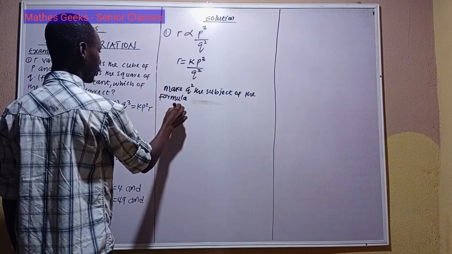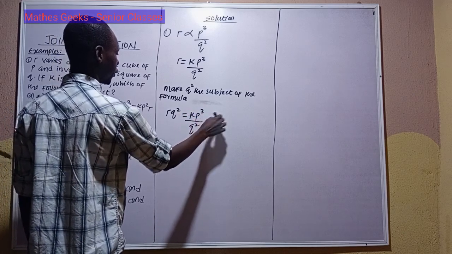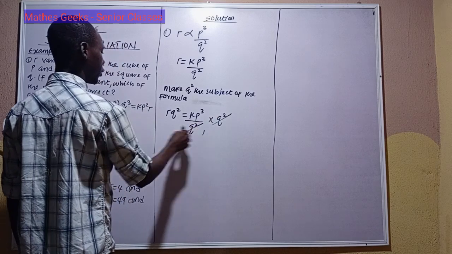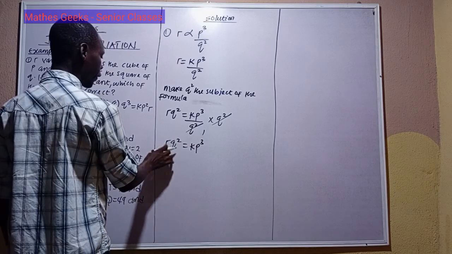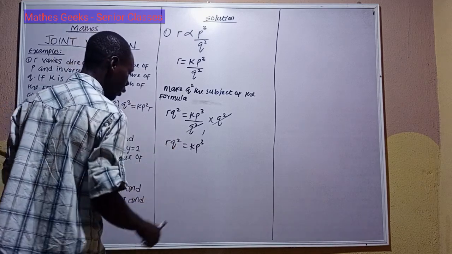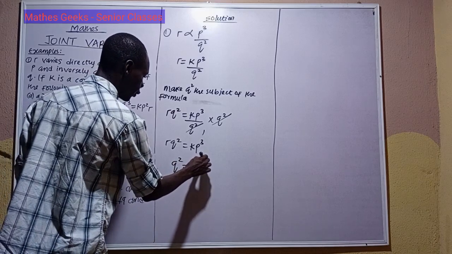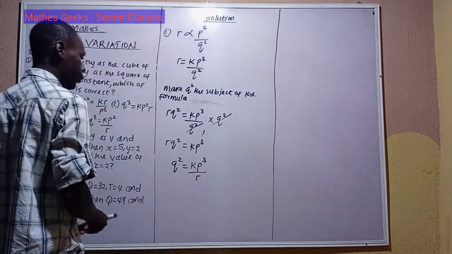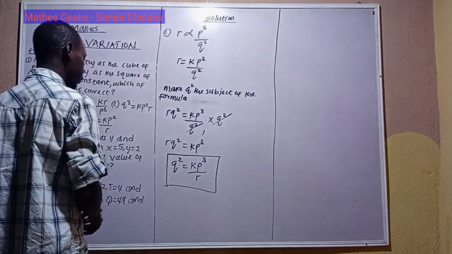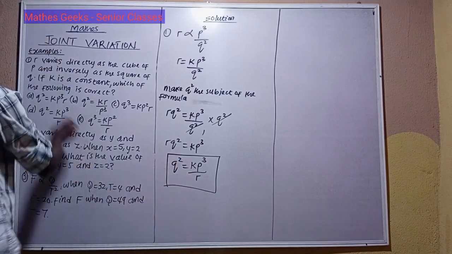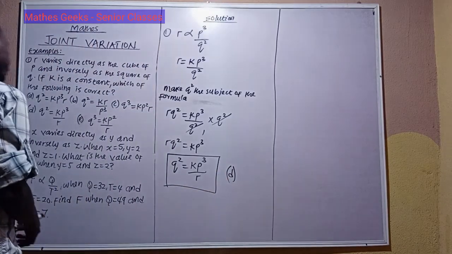So r q squared is equal to p cubed. Then divide both sides by r because we want q squared to stand alone. q squared is equal to p cubed over r. So this is our relation. Since q squared is now the subject of the formula, option D is the right answer.